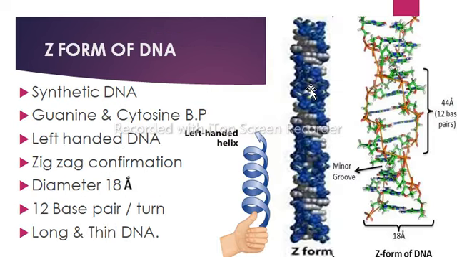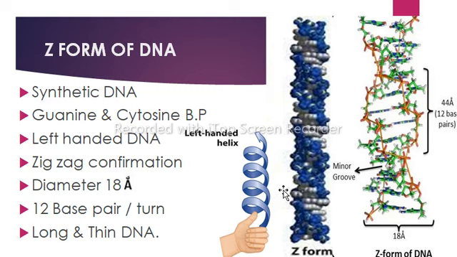Next is Z form of DNA. Z form of DNA is a synthetic form of DNA, and they have guanine and cytosine base pairs only. It is the only DNA which is a left-handed double helix DNA, winds to the left in a zigzag conformation.